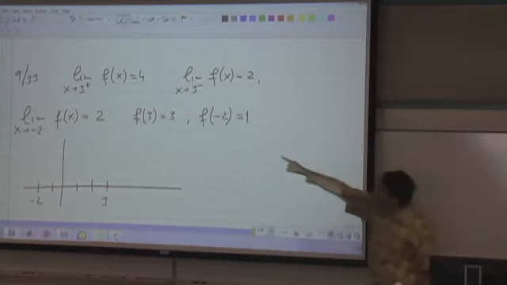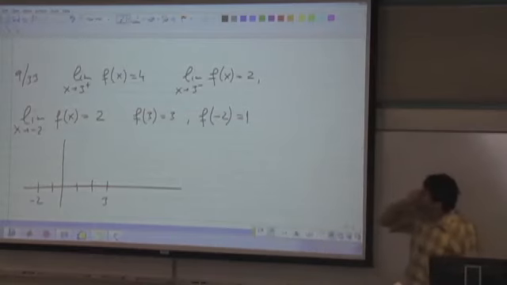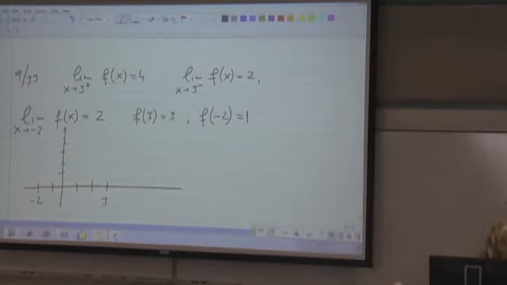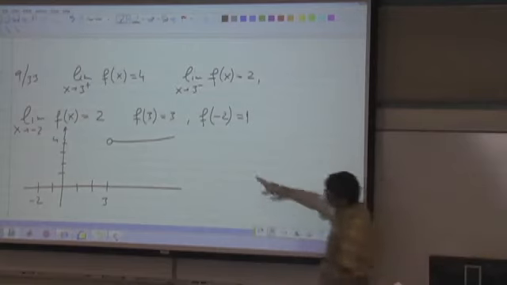If I look at the first one, it says the limit as x goes to 3 plus of f of x is equal to 4, which means if I have 1, 2, 3, 4, this is 4, I have that. Does that make sense? Why is it an open dot again? Oh, okay.